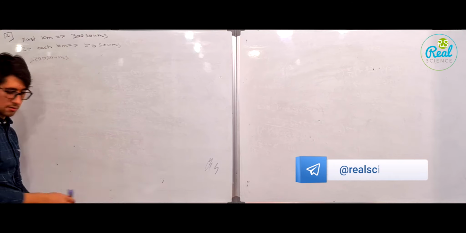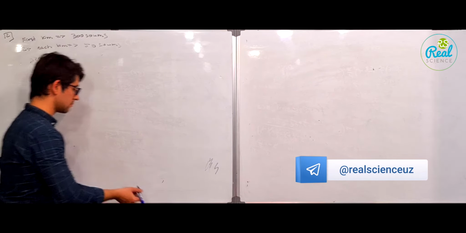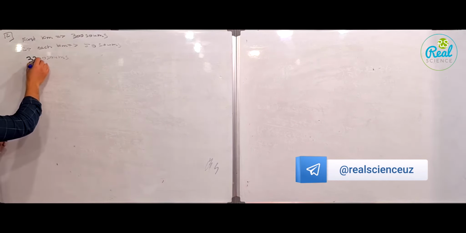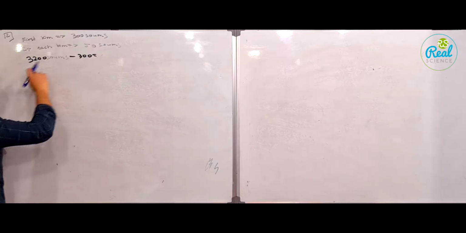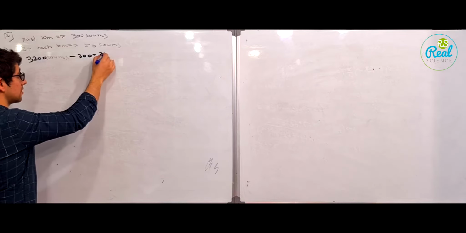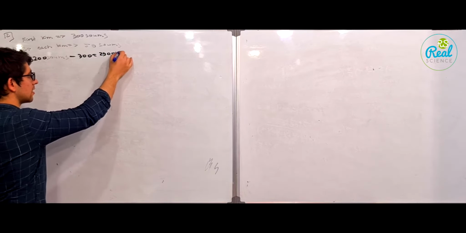First of all, 3,200 minus 300, right? This is the charge for the first kilometer. Then you are left with 2,900 soms, right?